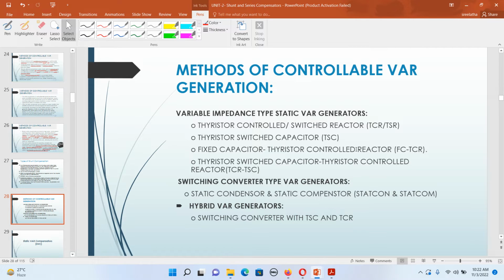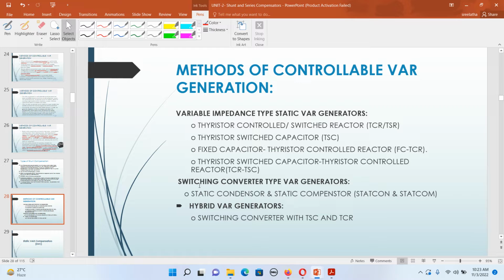Then fixed capacitor thyristor controlled reactor, so we have both of them there, a fixed capacitor and TCR. And then we have thyristor switched capacitor and thyristor controlled reactor, TCR or TSC. Switching converter type var generators are the static condenser and static compensator.